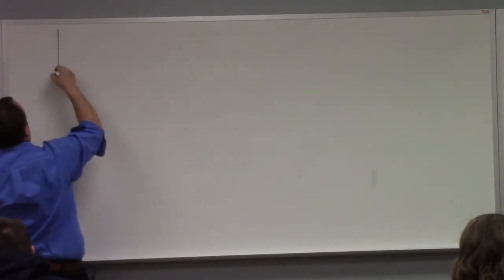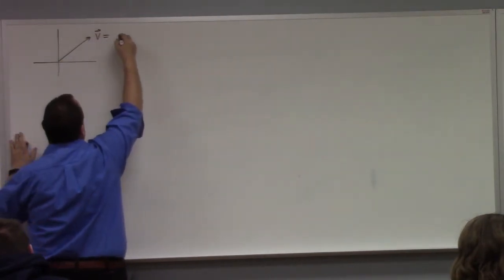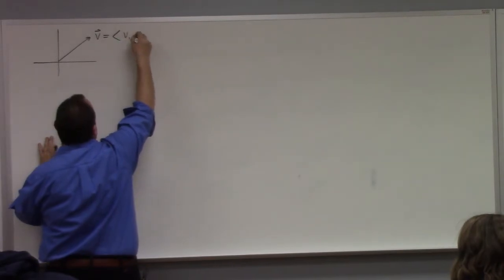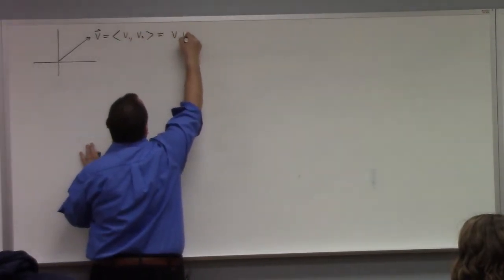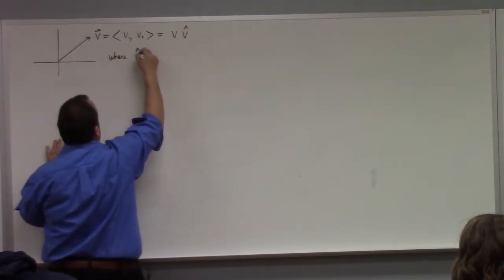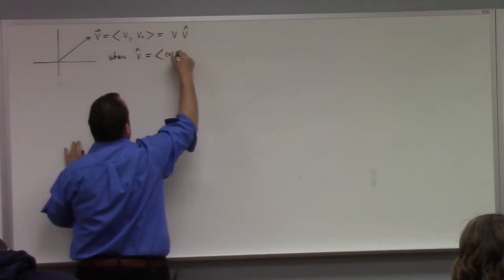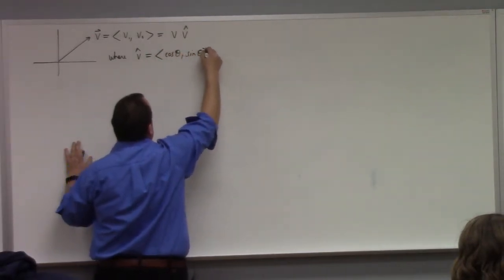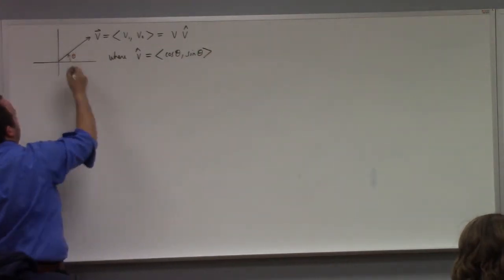So last time I mentioned to you guys, if we have a vector v like this, we can write it, of course, as v1, v2. That can be repackaged as v times v hat, where v hat is equal to, we figured it out, cosine theta, sine theta, and theta is the standard angle for the vector.